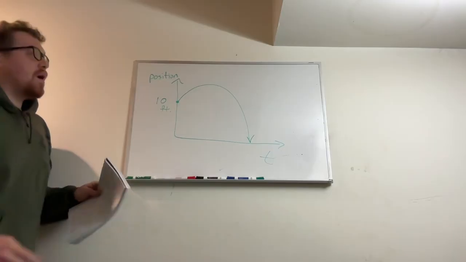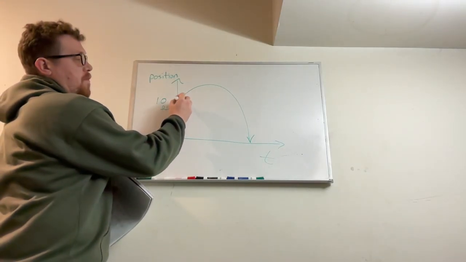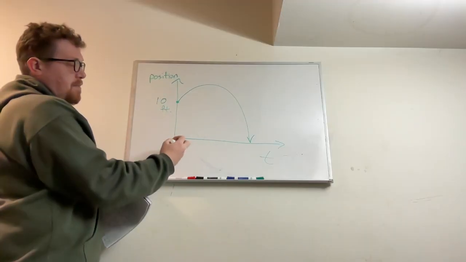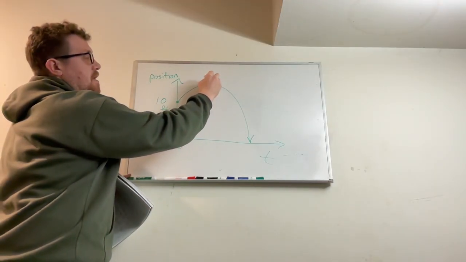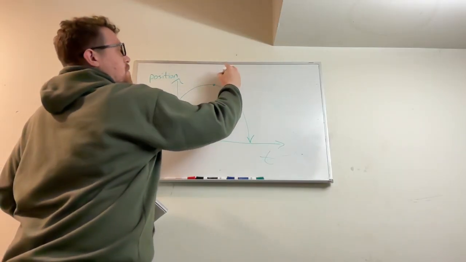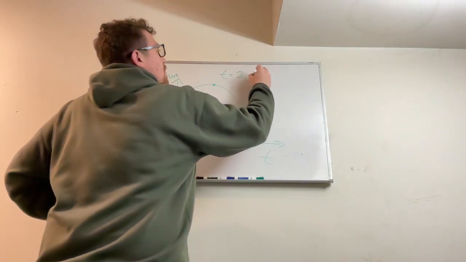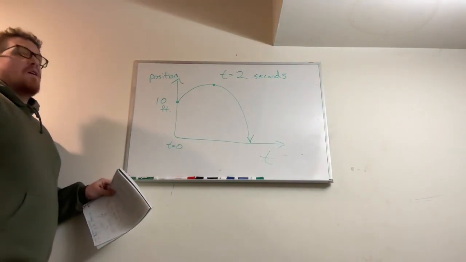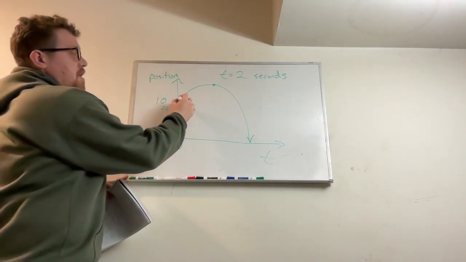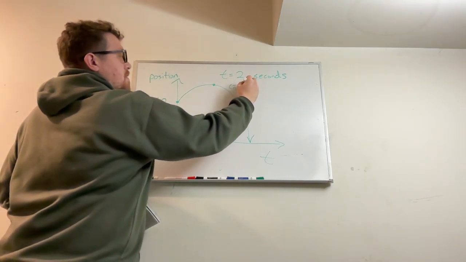So we want to know what is the average velocity, let's say from when the particle starts at time equals 0 to where it reaches its peak. Let's say it reaches its peak at t equals 2 seconds or something. Right? So the particle travels, and let's say this point here is (2, 15 feet).